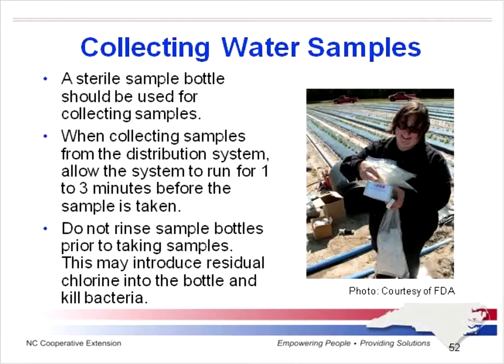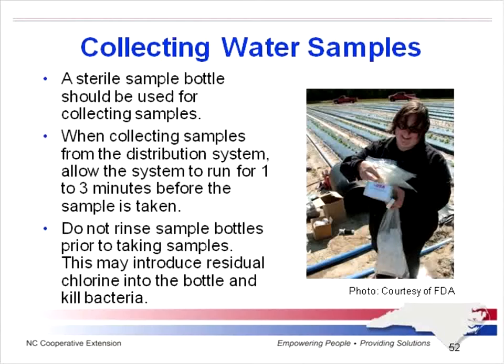When you're collecting water from the distribution system, you want to allow that distribution system to run for a few minutes before taking the sample. That way you're not getting a sample of what's residual in the pipe. You're actually getting a sample of what's coming from the water source through the distribution.